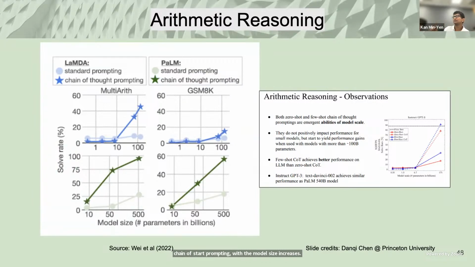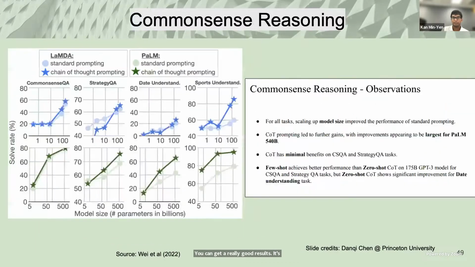If you were to walk away with one fact from this section, I think it's that successful chain of thought prompting is an emergent property of model scale. Only after model sizes of 100 billion parameters and more can you get really good results with chain of thought prompting.